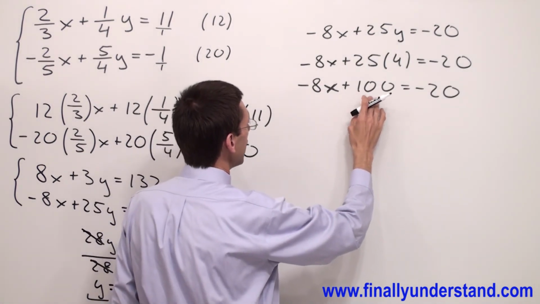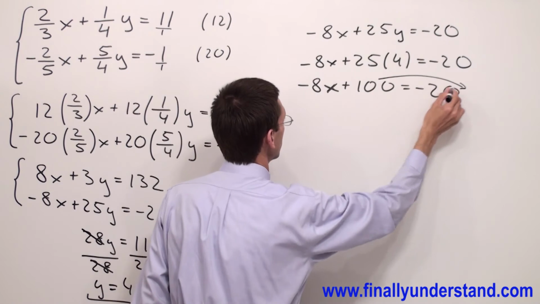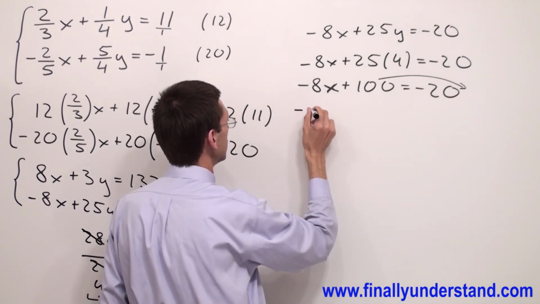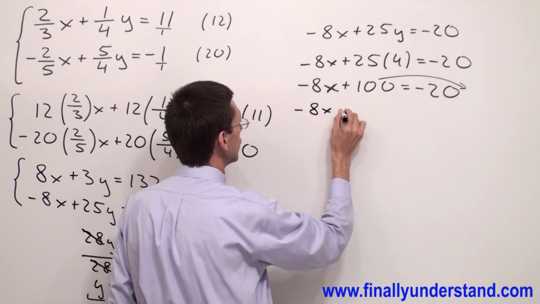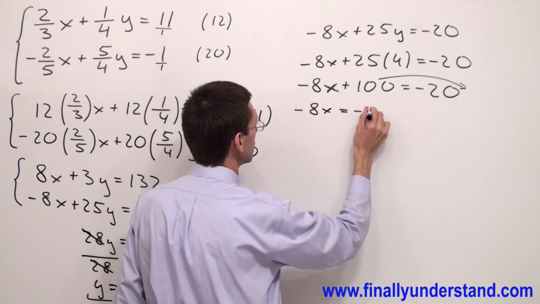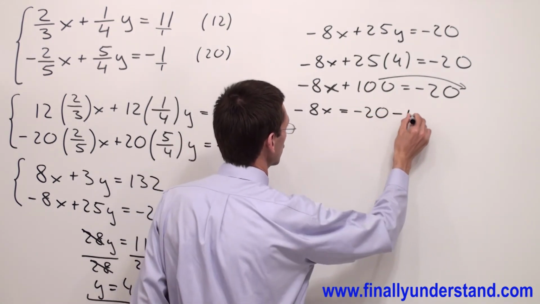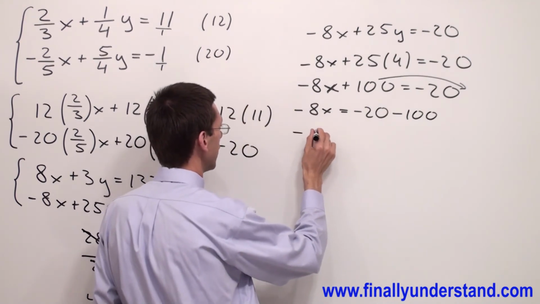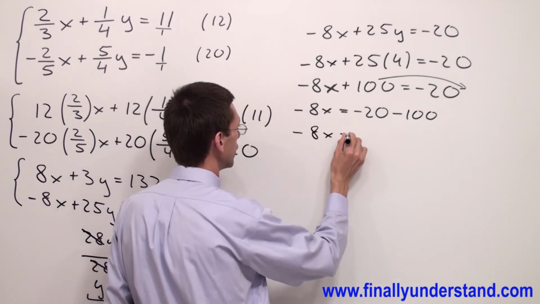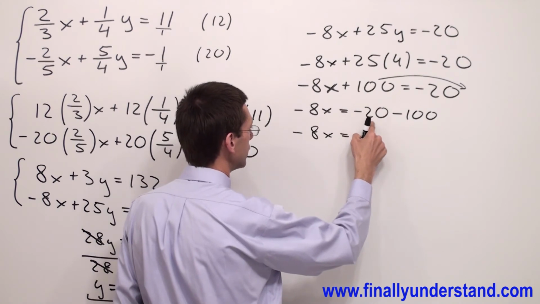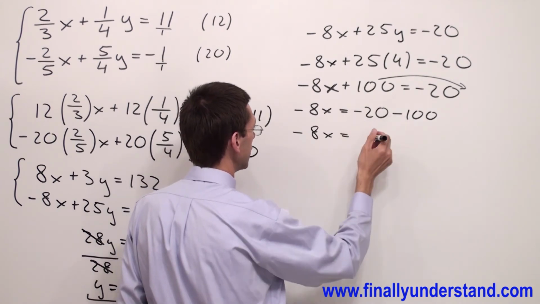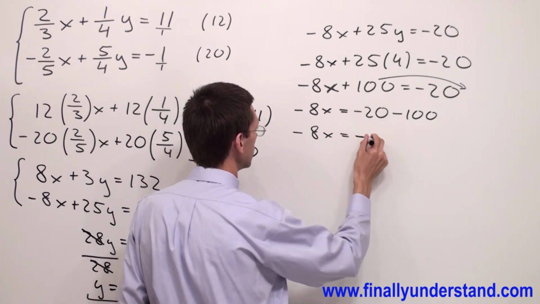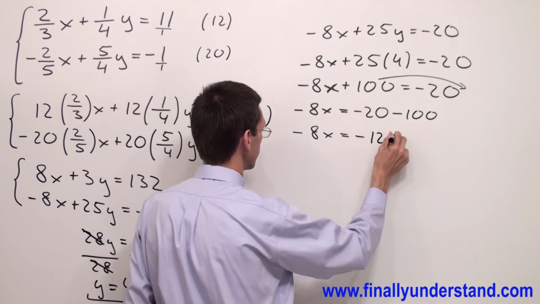What I'm going to do next, I'm going to move this 100 to the other side because I have to find the value of x. I have negative 8x equals negative 20 minus 100. And I have negative 8x equals negative 120.